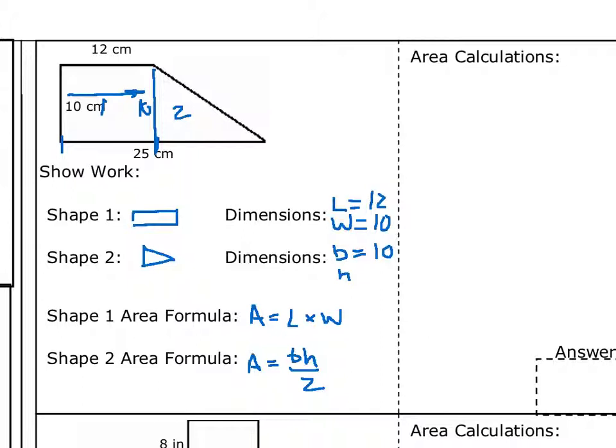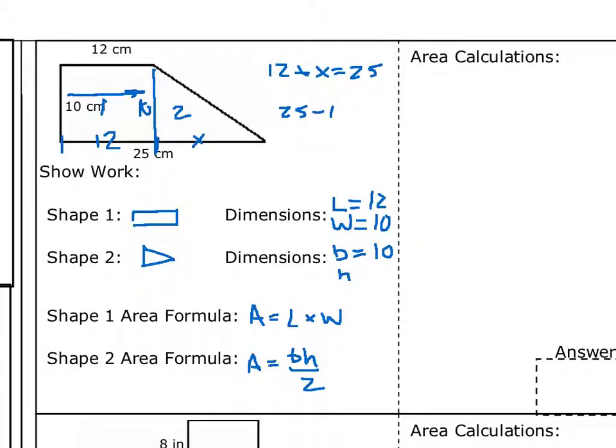So that's 12, and the entire thing is 25. So our unknown here that we're trying to find out is 12 plus x equals 25. And so if we wanted to solve this, we would be doing 25 minus 12.